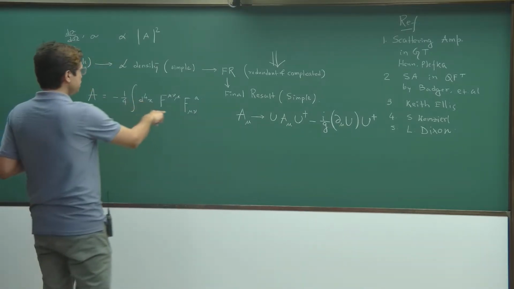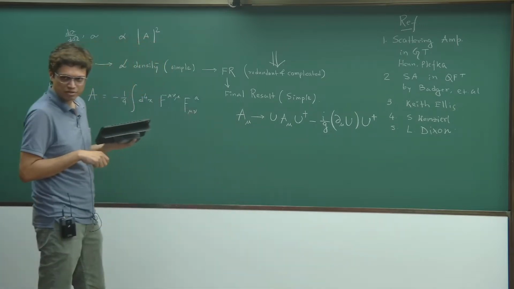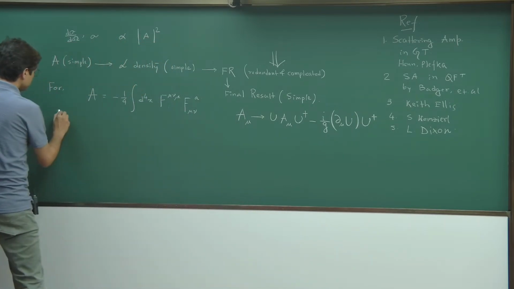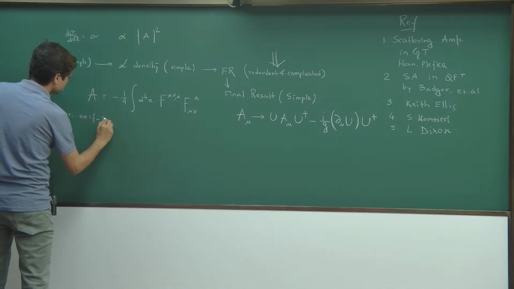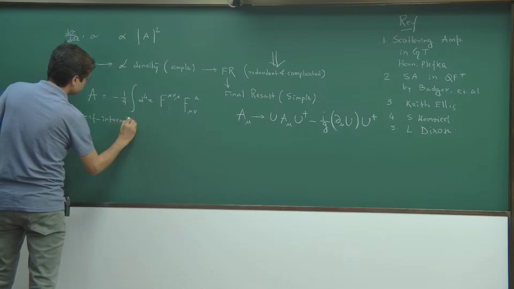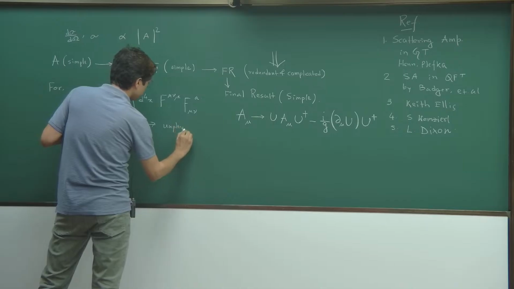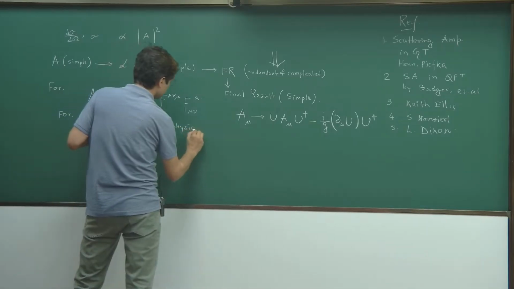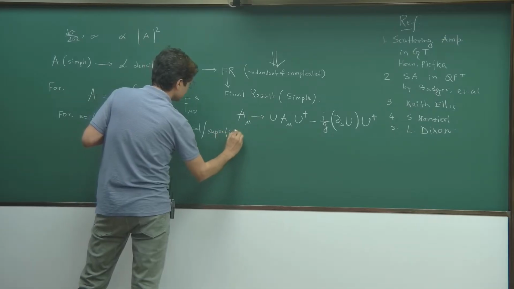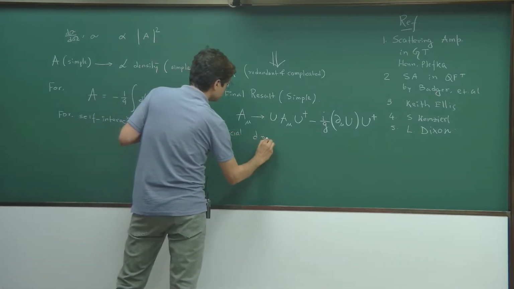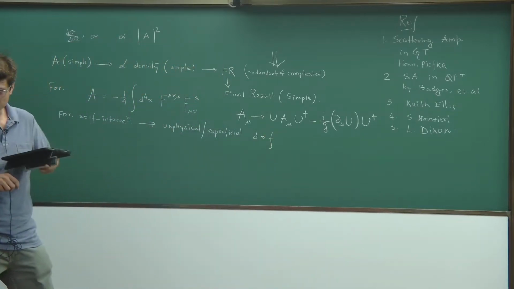But because of this gauge redundancy, we get some complicated terms, okay. To be specific, for the self interaction between the gluons, it gives you some unphysical or superficial degrees of freedom that ultimately do not contribute in the full calculation, okay.